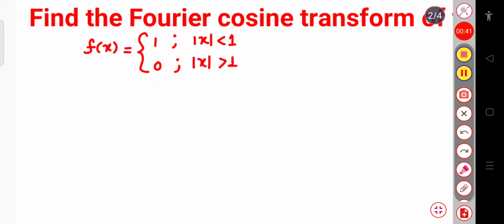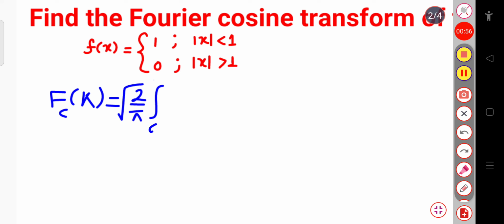We know the Fourier cosine representation. Here I am writing the Fourier cosine transform Fc of k, which will be equal to root over 2 by pi into the integration over 0 to infinity of f of x into cosine kx into dx.